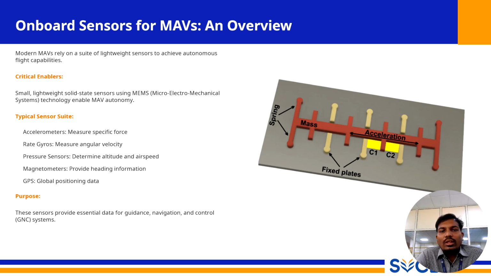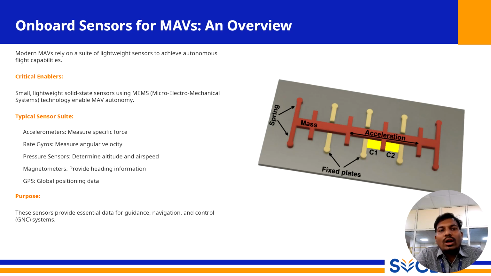A typical sensor suite on the MAV includes several components, each with a specific job. First, we have accelerometers, which measure specific force. These sensors are crucial for determining the orientation of the drone relative to gravity.